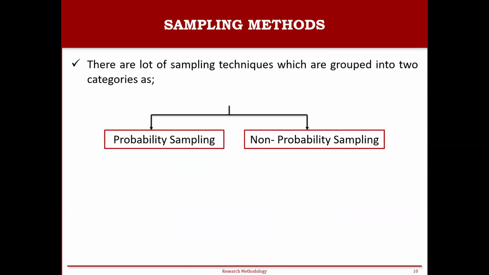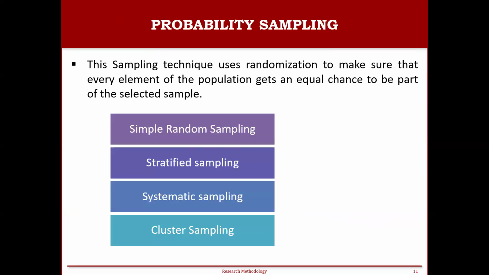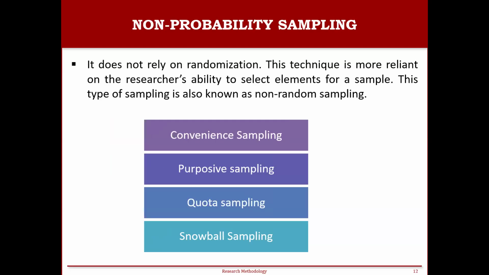We discussed probability sampling and non-probability sampling, and 4 techniques under each. Under probability sampling, we identified simple random, stratified, systematic and cluster sampling. And under non-probability sampling, convenience, purposive, quota sampling and snowball sampling were discussed.